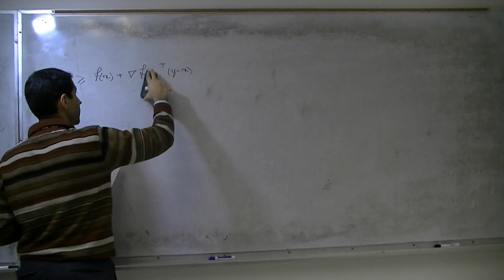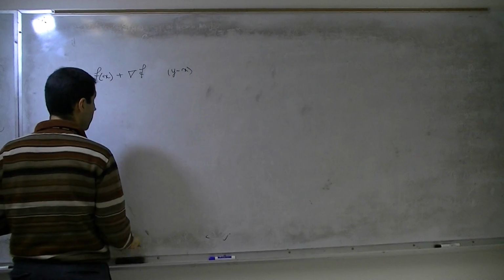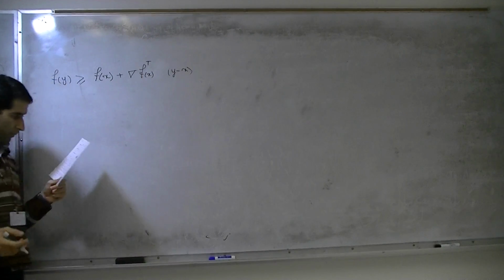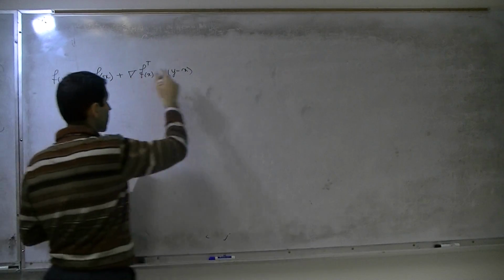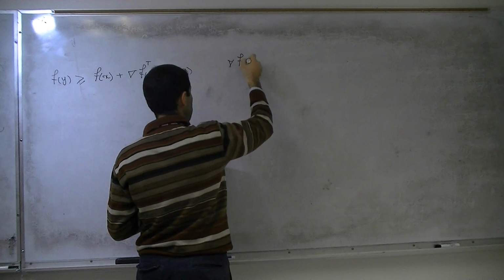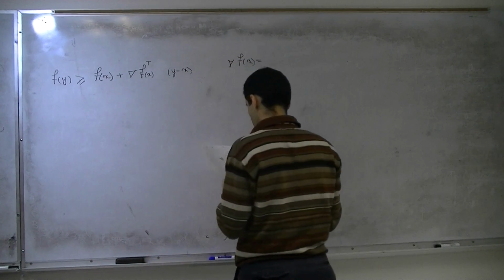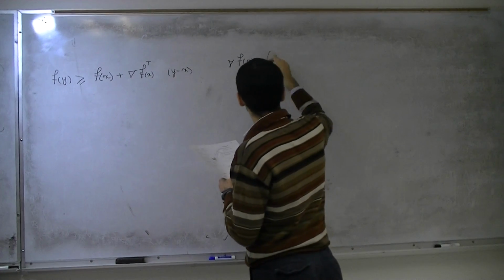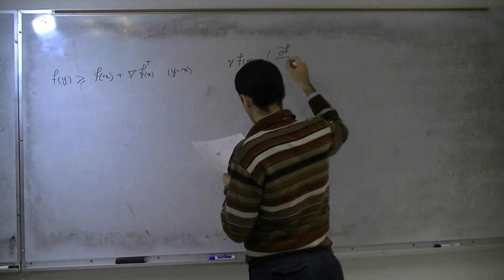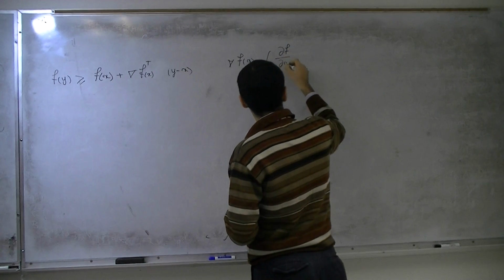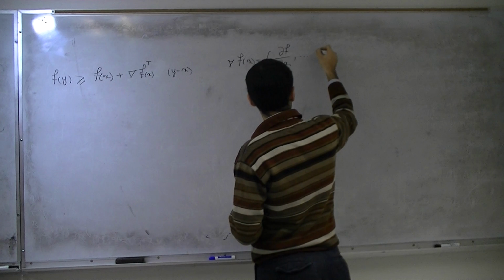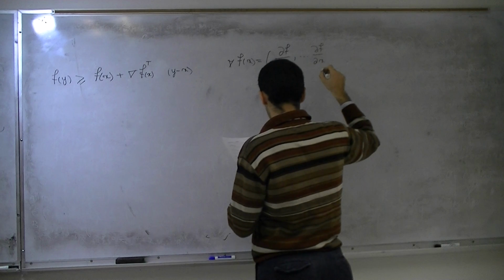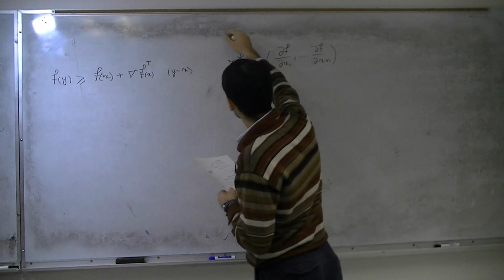Maybe I can write it as the partial derivatives of f at the point x, from x1 to xn, if we are talking in R^n.